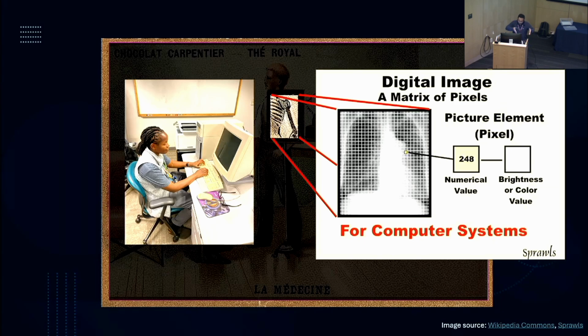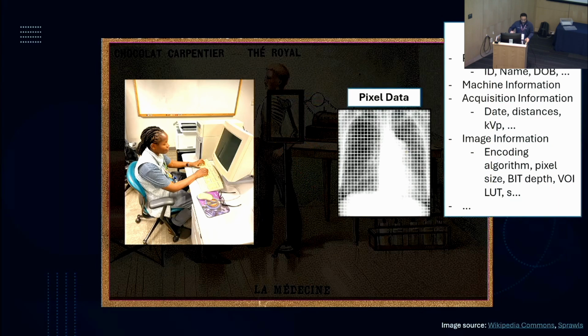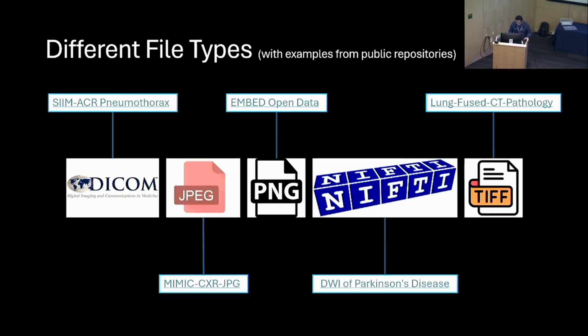You can think of it as rows and columns. And each cell here, or we call it a pixel, is based on the attenuation of the photon passing into the detector. Then we call this pixel data. And then we also have the other metadata, including patient information, acquisition time, equipment information, and so on. We combine this and pass it on as a DICOM file. So this is the basic overall step.